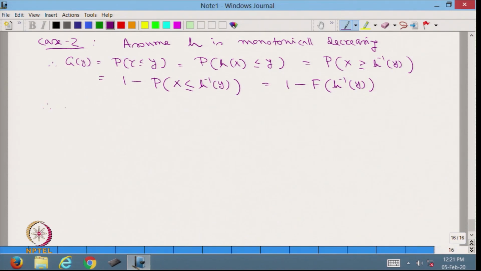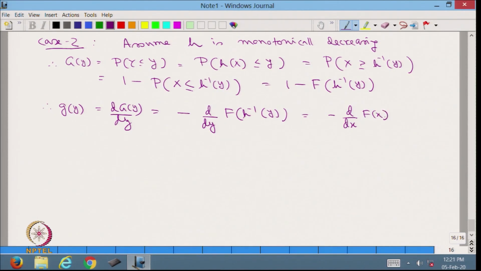Therefore, g of y is equal to dg/dy, which is equal to minus d/dy of F of h inverse y, which is equal to minus d/dx of F(x) into dx/dy, which is equal to f(x) into minus dx/dy.